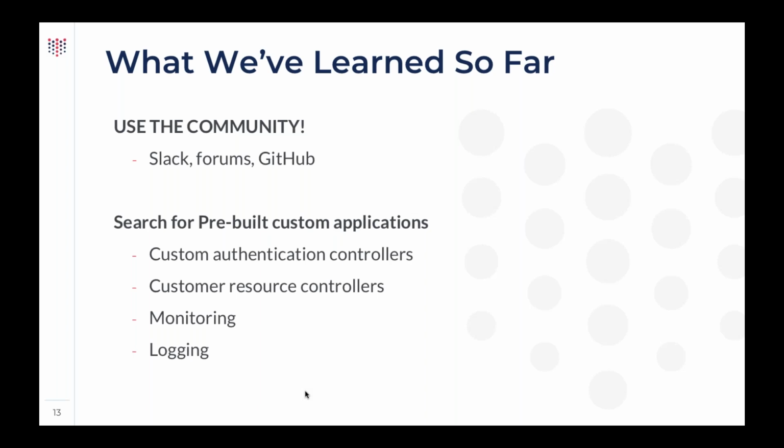Also, don't feel like you have to build all the integrations that you need. There are tons of custom authentication controllers for pretty much every cloud platform, for LDAP, for all of that. There are custom resource controllers for if you want to do like Prometheus or Grafana. All those things already exist. Your monitoring and logging stuff has already been solved for you.